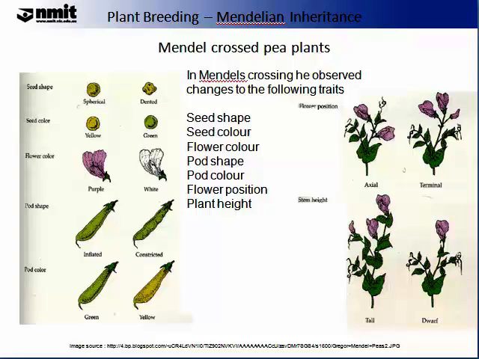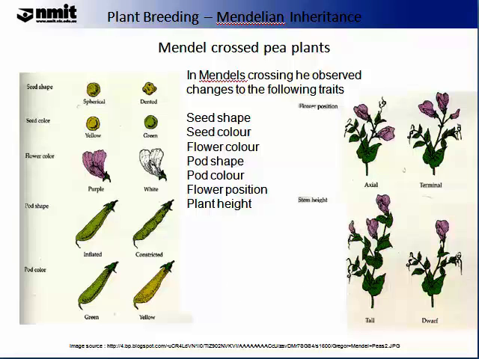In Mendel's crossing, he observed changes to the following traits. Seed shape: they were spherical and dented. He observed differences in seed colour with his crossing. Some seeds were yellow and some seeds were green. Flower colour: he was able to show some flowers were purple and some were white. The pod shape changed, as well as the colour of the pod.